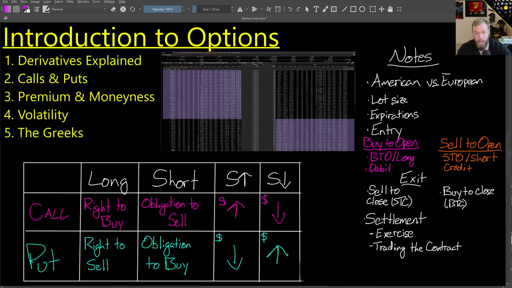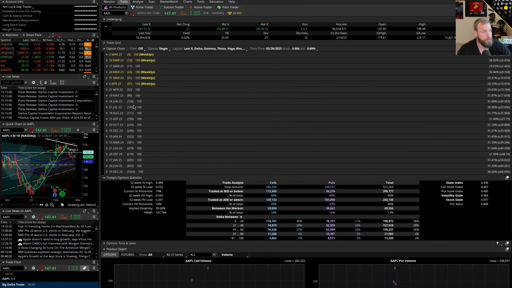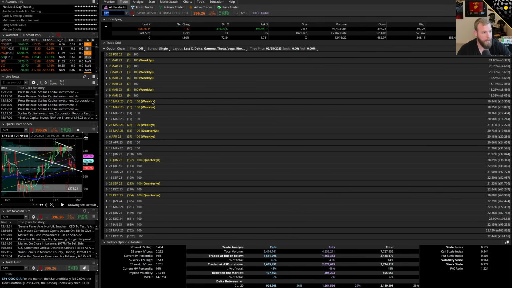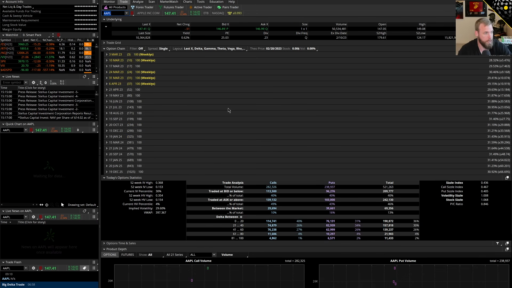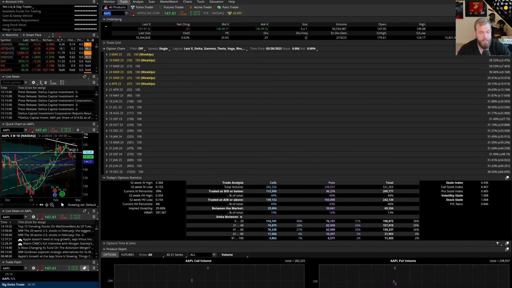I already walked through expirations, but I want to give you a quick overview. You'll notice that there are some gray expirations, and then there are these yellow ones. Standard expiration for options is the third Friday of the month. So actually, Apple was a better example. If you'll notice, 17 March is the third Friday of the month.